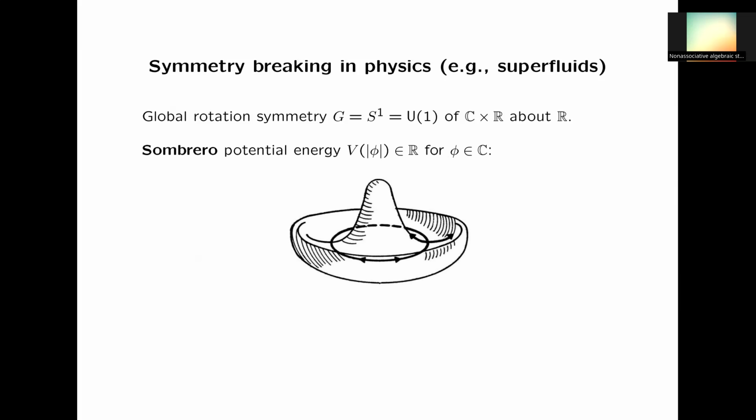So for a complex number phi, think wave function, here's the potential energy, which only depends on the absolute value of phi. Hence we have the rotational symmetry. And if you're up here at the top of the hat, you have that circular symmetry. So that's the full symmetry that's going on. But physical systems like to move to reduce the potential energy.